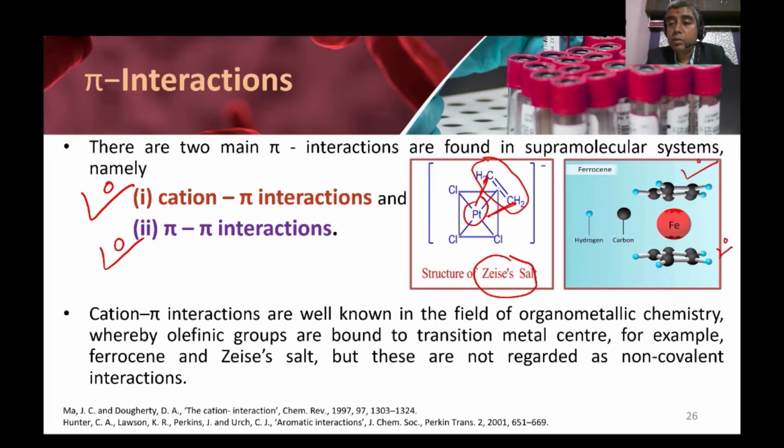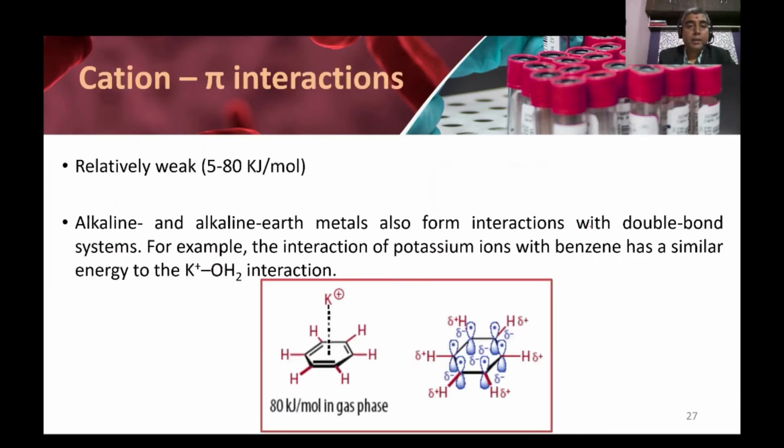So they bind with the iron metal atom, and the hapticity of this compound is 2 and the hapticity of this compound is 6. Cation pi interactions are relatively weak and the strength ranges between 5 to 80 kilojoule per mole.